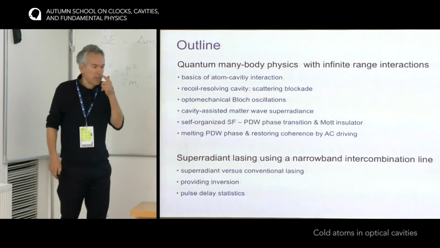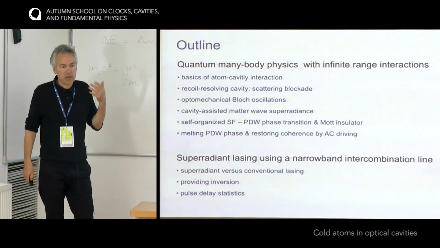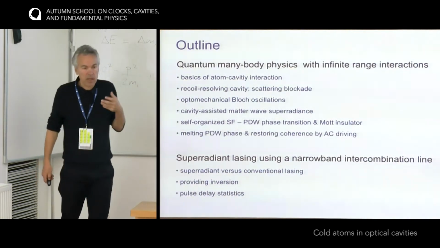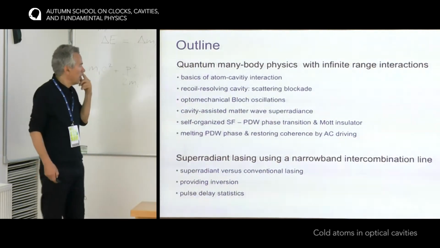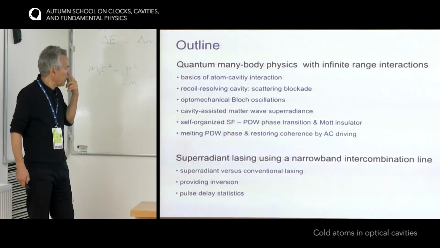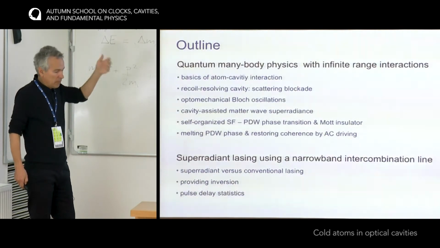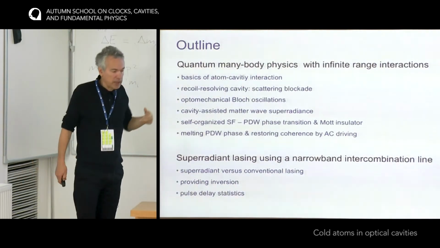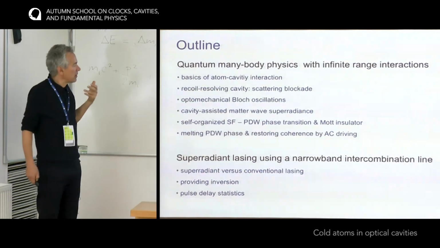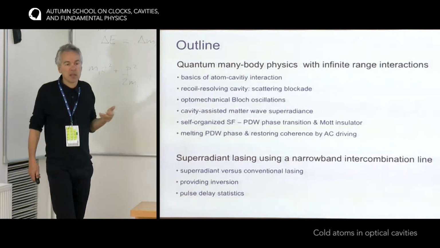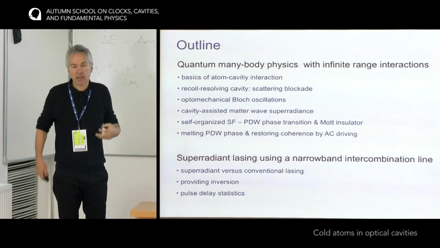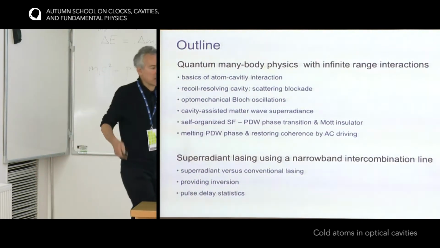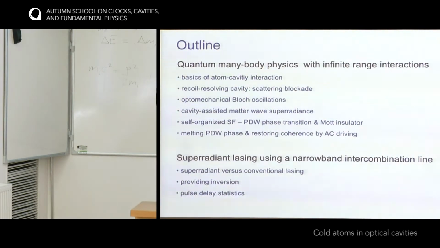So the possibility to make visible the fact that the pulses emitted by these super radiant lasers, if you at some time create inversion, are delayed due to the arrival time of the first spontaneous photon that triggers the pulse, and we can measure the pulse arrival time statistics in our experiment.